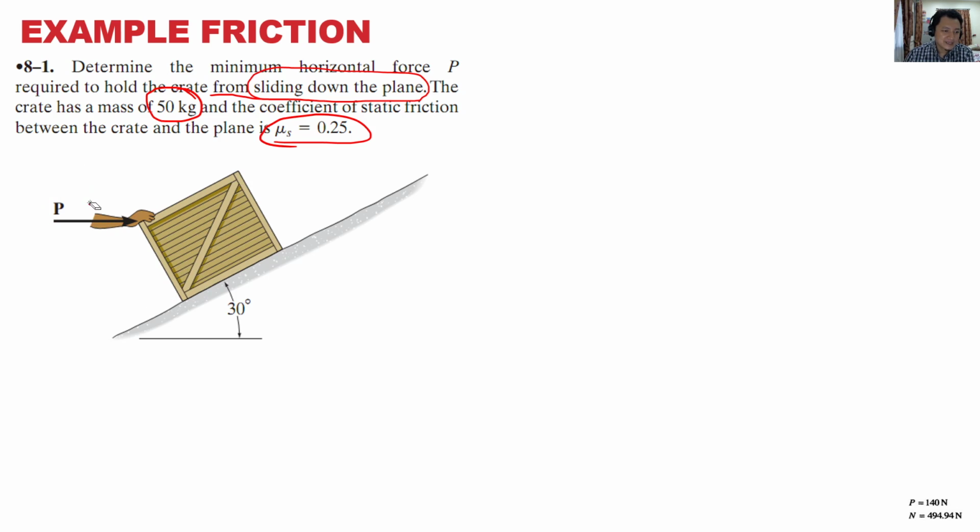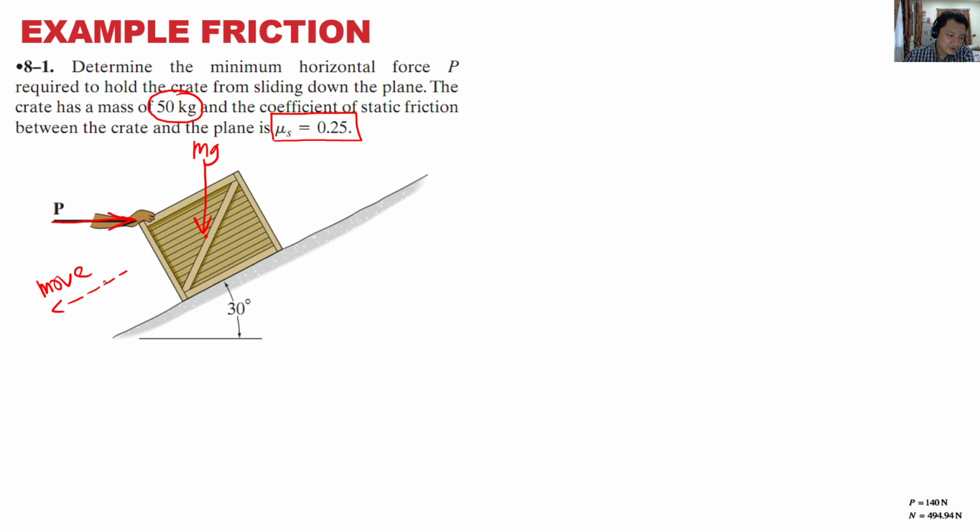Number one, let's draw a proper free body diagram. Two information you have here, 50 kilogram and mu s is 0.25. P is over here. Definitely you have P. You have mg going this way, going down. And then you have to remember, this box is trying to move this way.